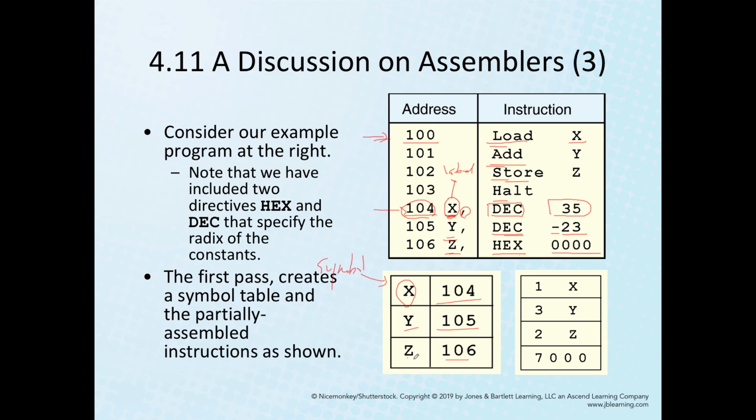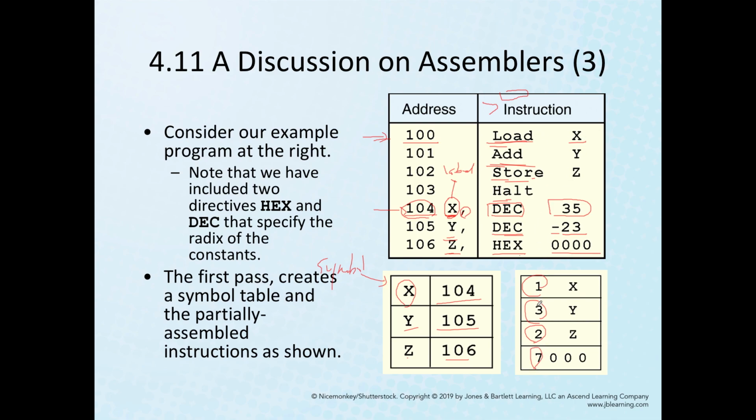Then, using those symbols, the instructions are translated. Load is in the opcode, the first 4 bits of the instruction. The opcode for load is 1. Add is opcode 3. Store is opcode 2. Halt is opcode 7.